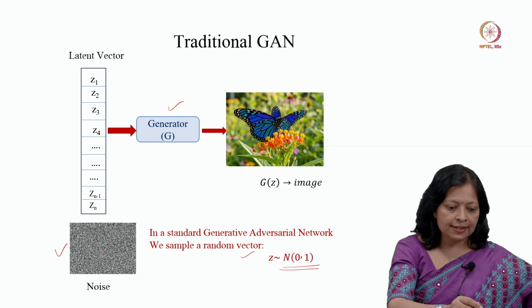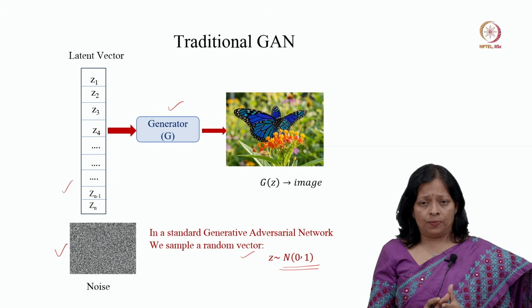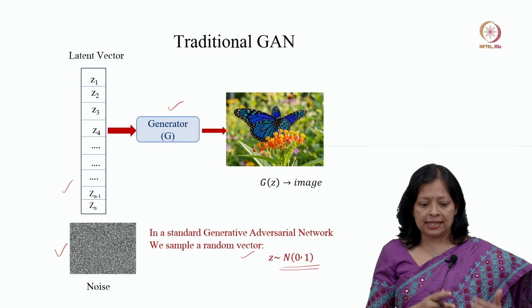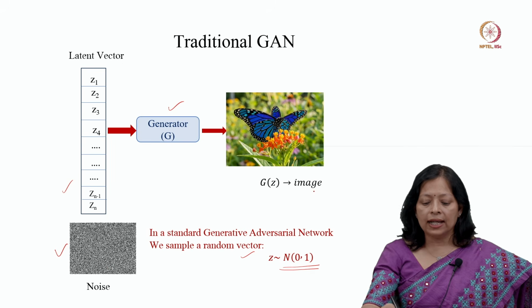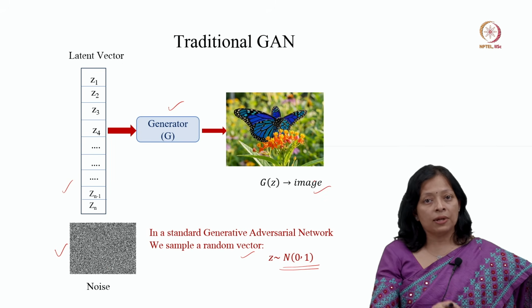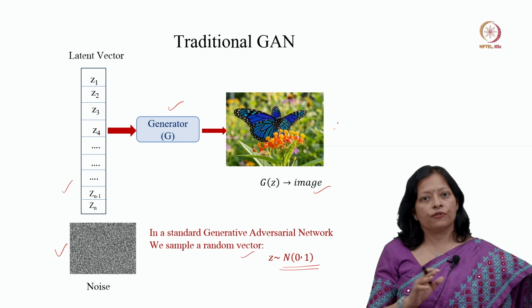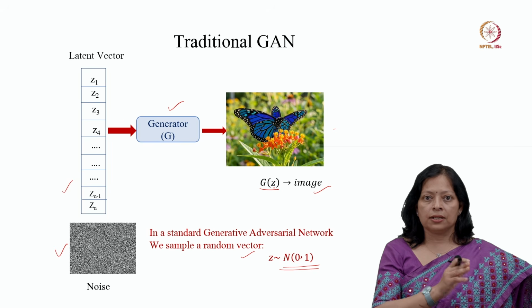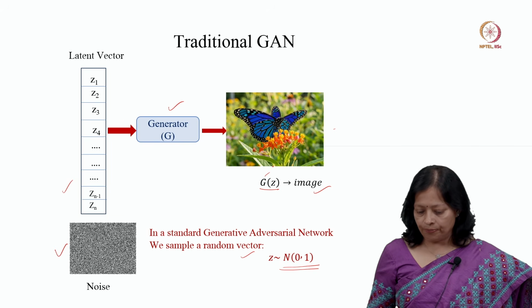This noise is from the latent space, which has a lot of information compressed or hidden inside. When this noise goes through the generator, we get a generated image. In this case it is an image of a butterfly. G(z) means the noise is going through the generator G and we are getting an image.